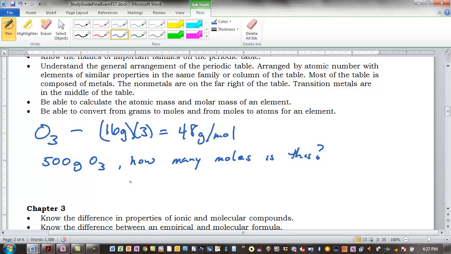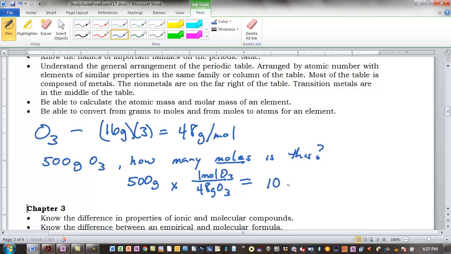You should be very familiar with this calculation. This is dimensional analysis. You have to take the molar mass and arrange it properly so that we end up with moles: 1 mole of ozone per 48 grams of ozone.